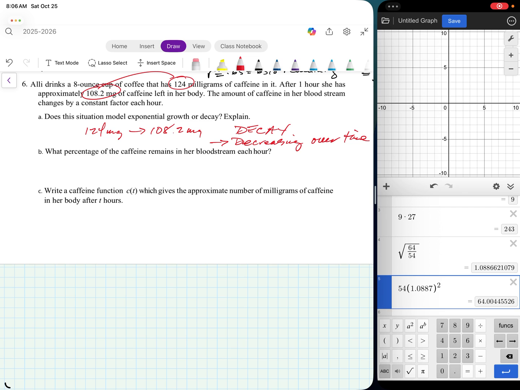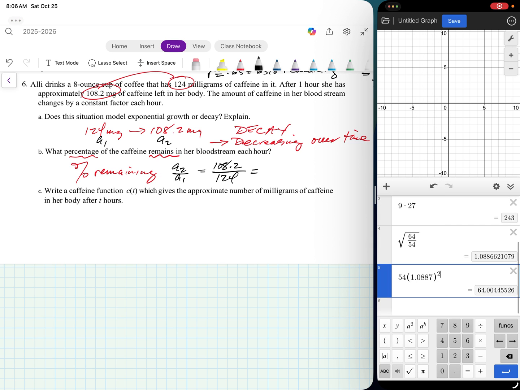What percent of the caffeine remains? What is the percentage remaining over time? Well, you have to take a2 and divide it by a1. So always the second term divided by the previous term. So that's 108.2 divided by 124. And once again, use your calculator here.